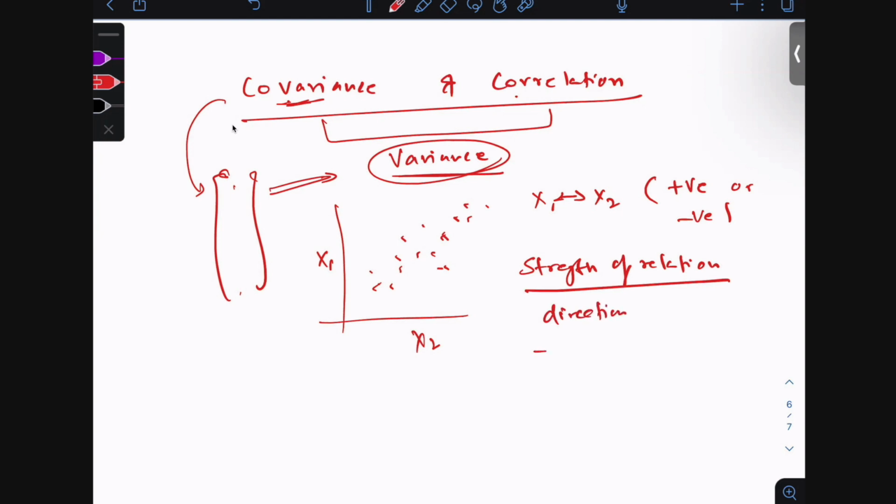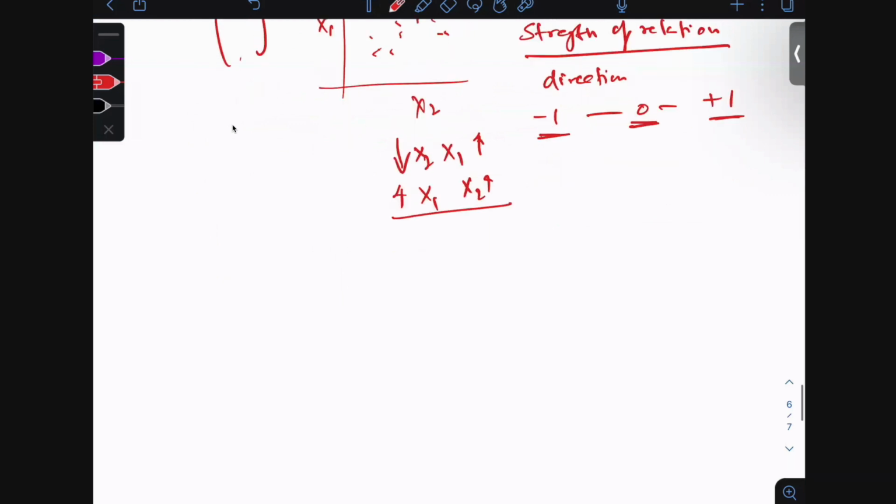It is more standardized, so it varies from -1 to +1. -1 is totally negatively correlated: x1 is going up, x2 is going down at a similar speed. 0 means no relation. +1 is strongly positively correlated: x1 goes up, x2 goes up at the same speed. When I say speed, I'm saying it loosely. The strength is defined as totally 100% positively correlated.